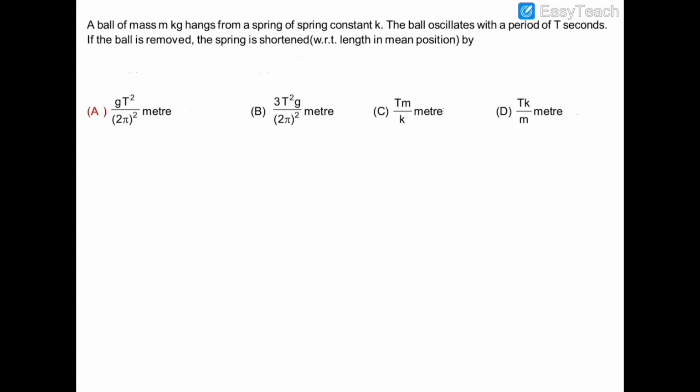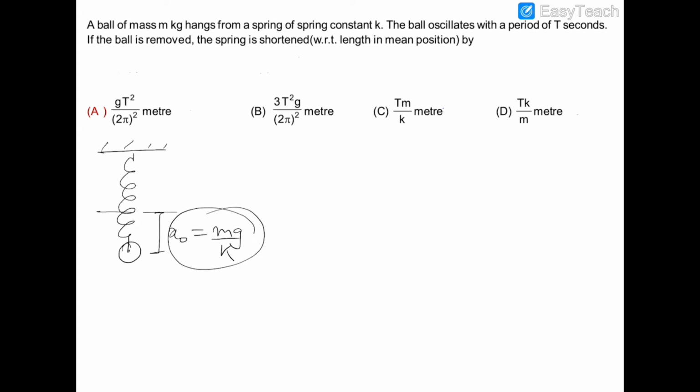So we know that when the spring was loaded with the ball, then in the equilibrium position, the spring would be stretched by a distance of x naught, and that x naught would be equal to mg by k. So when we remove the ball, the spring will be shortened by a length of x naught, because we have to find that length with respect to the mean position.